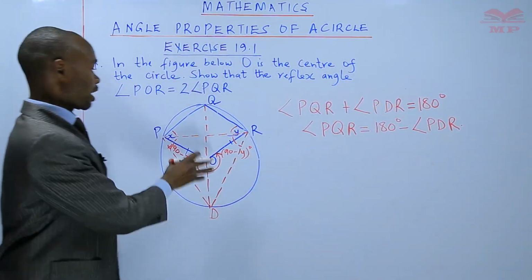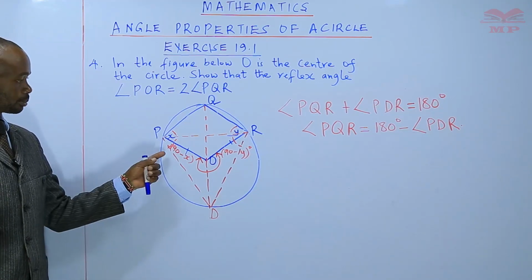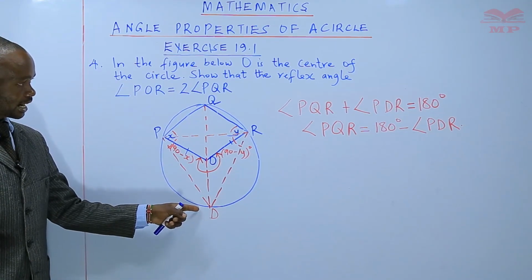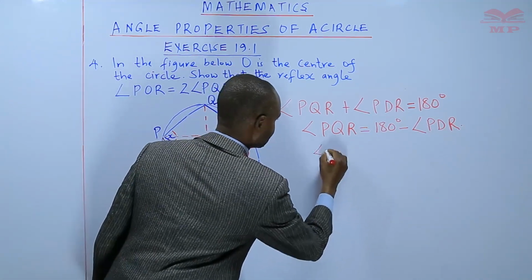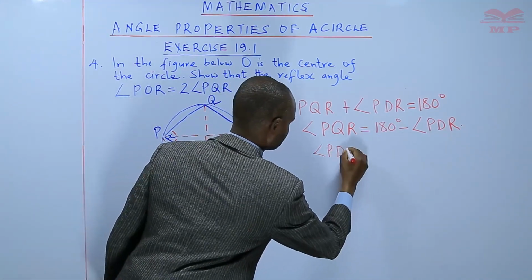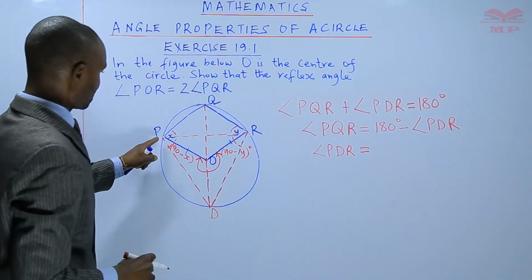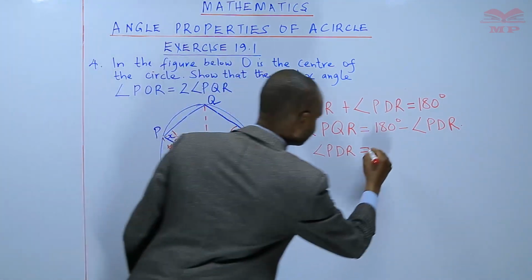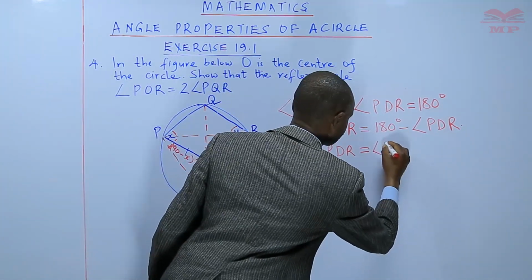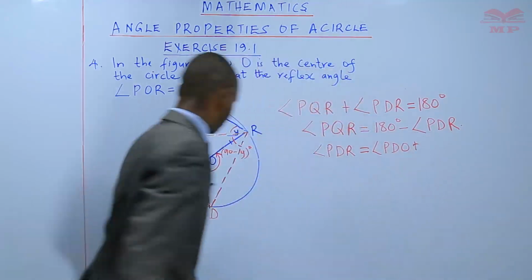So we'll go back to the diagram. Where do we get angle PDR? Angle PDR is equal to angle PDO plus which angle?